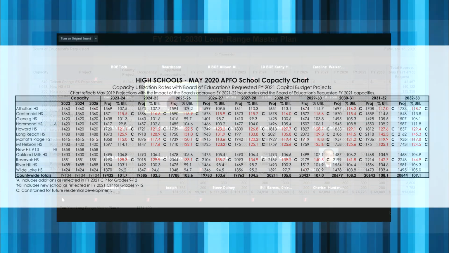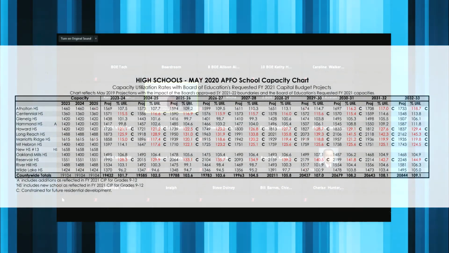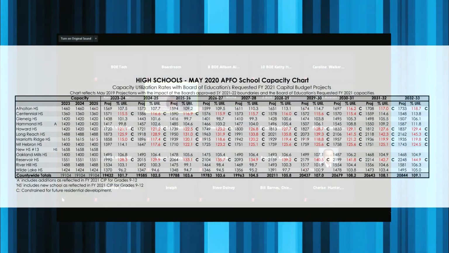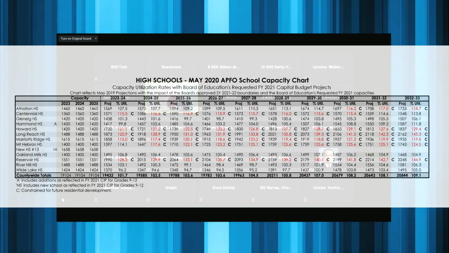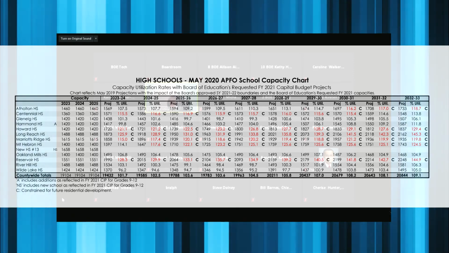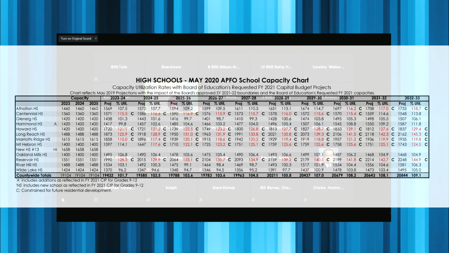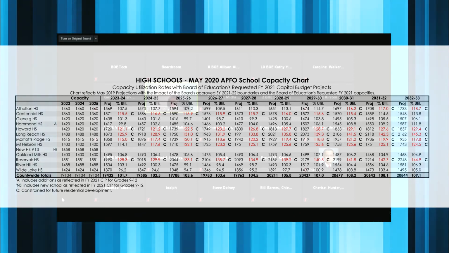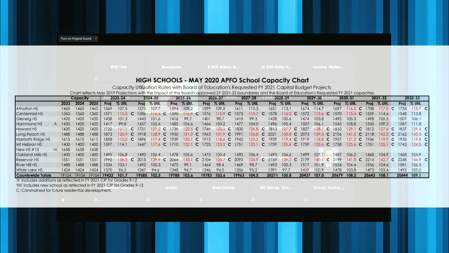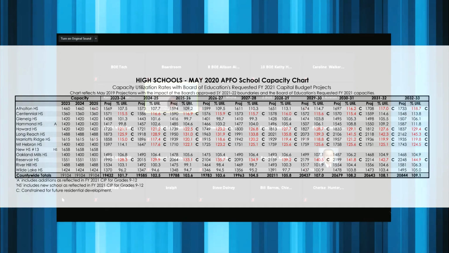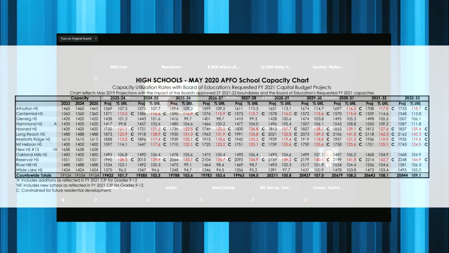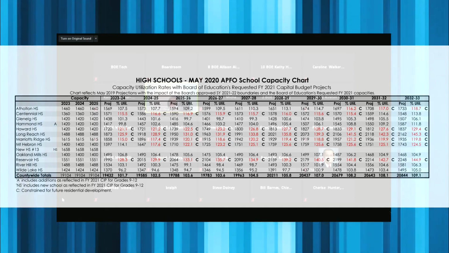Okay, so I'm wondering, for those of us both on the board and in the community who consider these charts very important, and we go back and compare year to year, are we making it difficult to do a year to year apples to apples comparison?